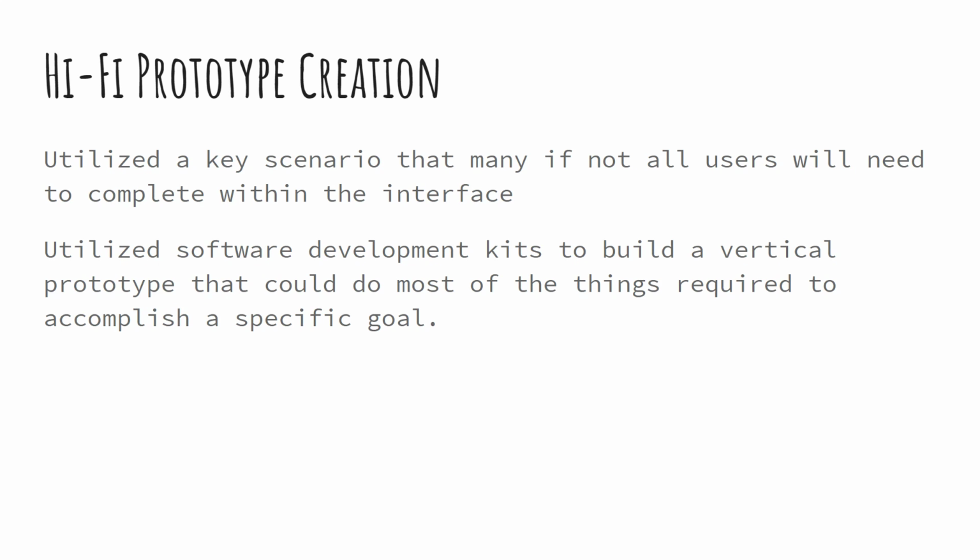And then when I moved on to create my high fidelity prototype, I broke it down to just one scenario that I thought all users basically would need to complete within the interface. And then I used Fluid UI to build a vertical prototype that could do most of the things required to accomplish a specific goal. So for me, the top level pages would have been a lot of time and resources to create a working prototype of.